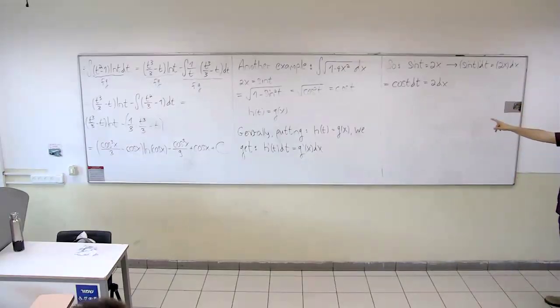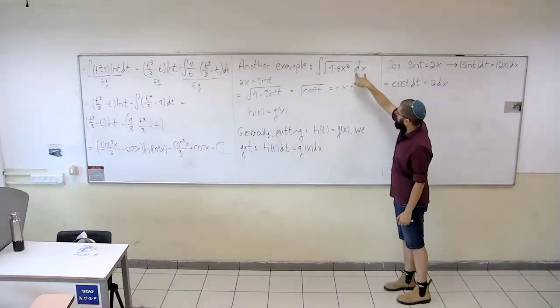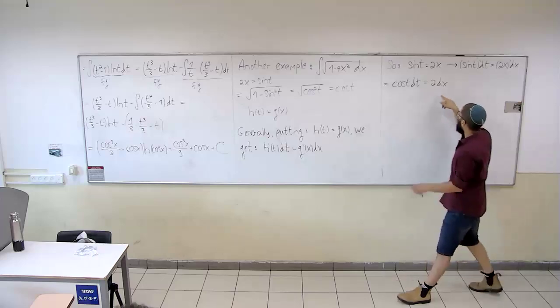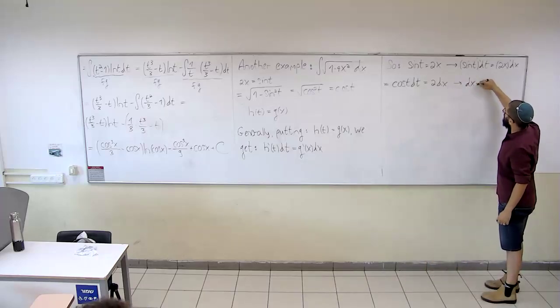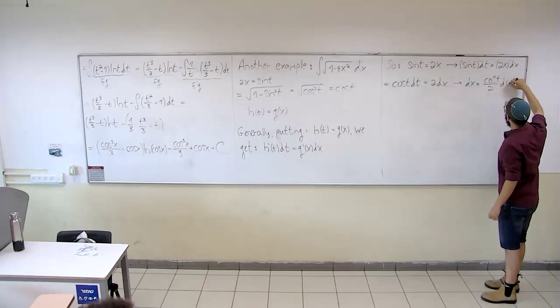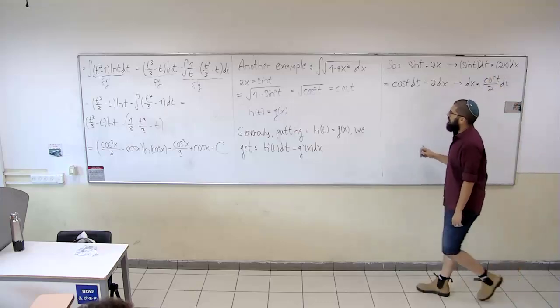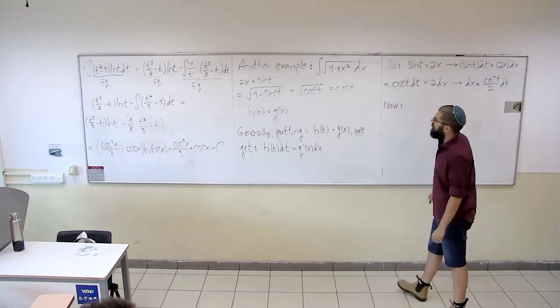As I started to say, we actually want to change dx to a term of dt. So I'll write it that way. dx is cosine t over 2 dt. And what do we get?